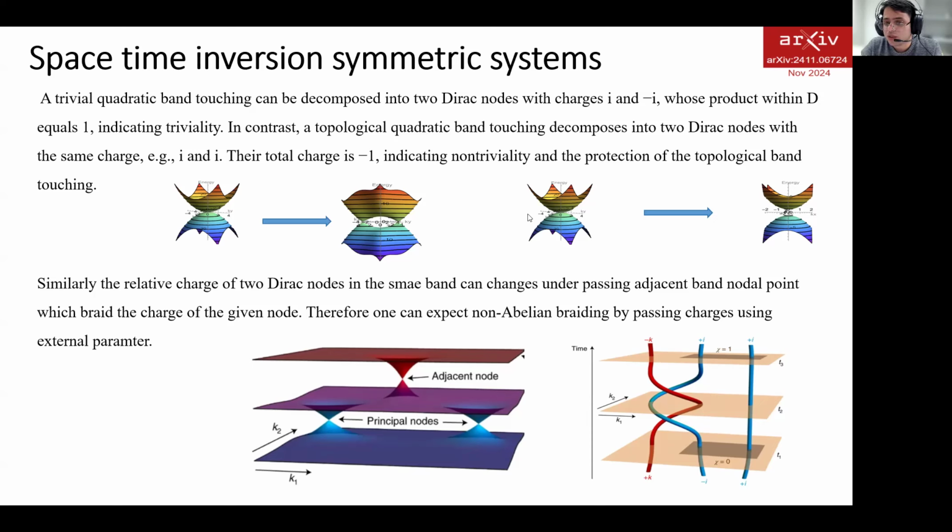But if we consider our trivial band touching, we find that its charge is +1, and if we decompose it into two Dirac cones, they obtain opposite vorticity and can easily gap out each other.